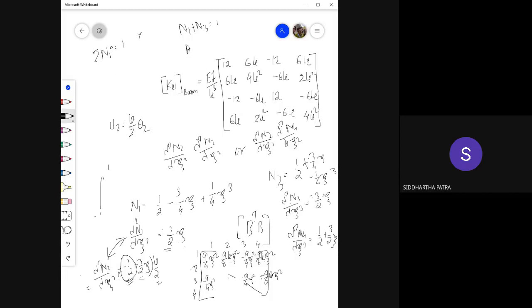Similarly, you can say dN2/dxi plus dN4/dxi equals 1 again because these are coefficients of LE by 2 times theta. Okay, so it is not very similar to our isoparametric shape functions.